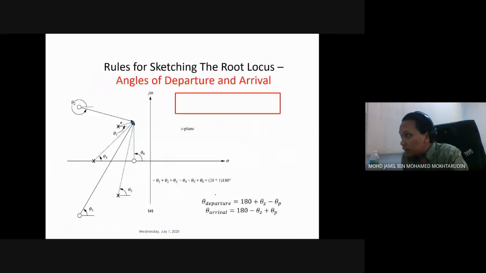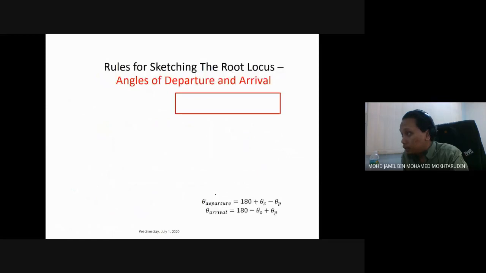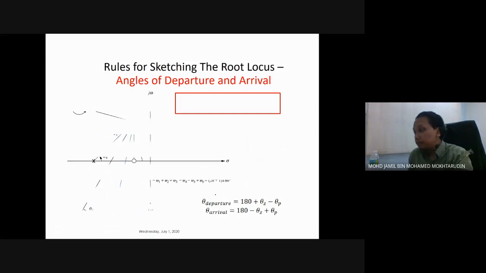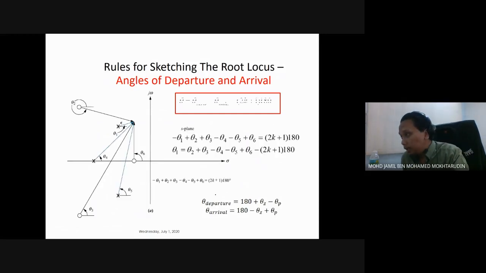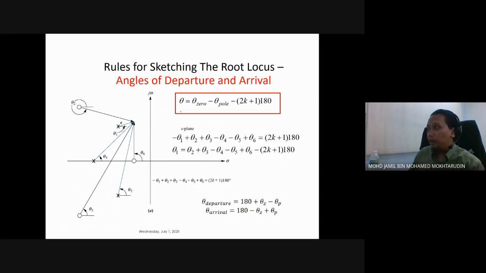Okay, so the last rule is the angles of departure and arrival. The angle of departure and arrival is only for complex poles and zeros, okay?